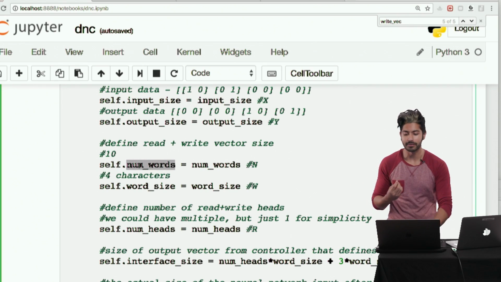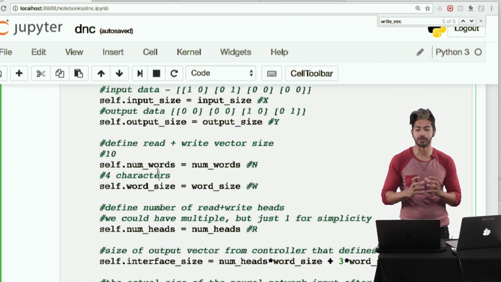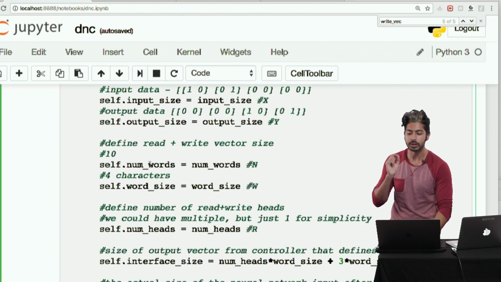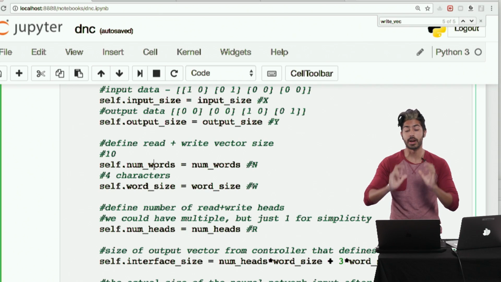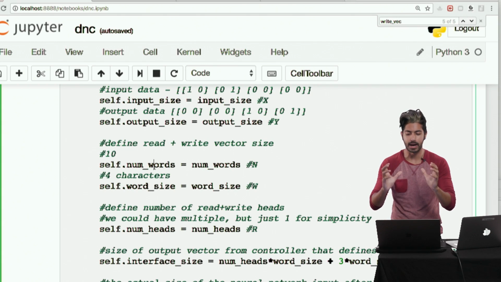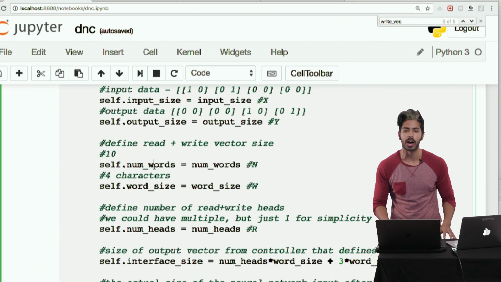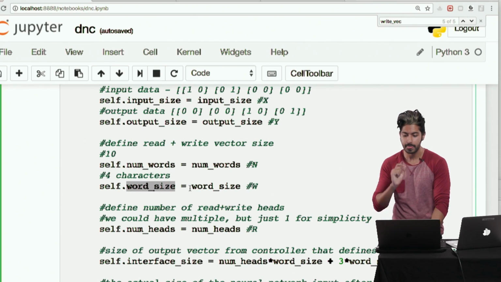But what we can think of these two variables as are the sizes of our read and write vectors, because when we initialize them, we'll be using these variables as parameters to define the size of our read and write vectors and a couple other variables that we'll talk about. But they're basically these constant values that we are going to use to initialize a bunch of variables later on. But they're constant. These two values are constant, right? The number of words and the word size.